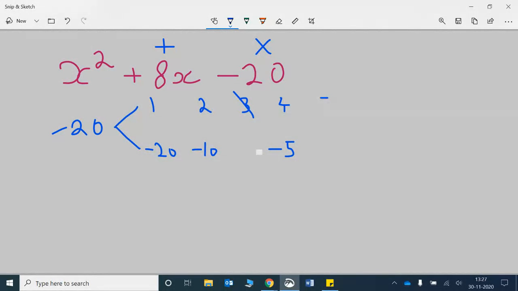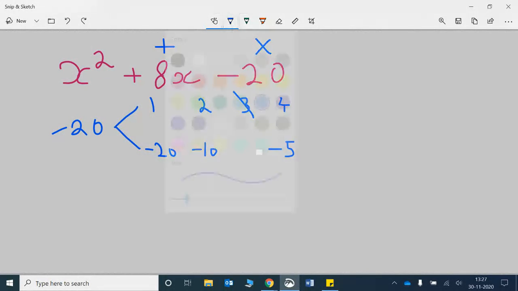And then let's try 5. Because I see 5 turning up here already, I'm not going to go any further, as we'll just get 5 and minus 4. And I have a little tip for that later on. Okay, so at this point we can stop.